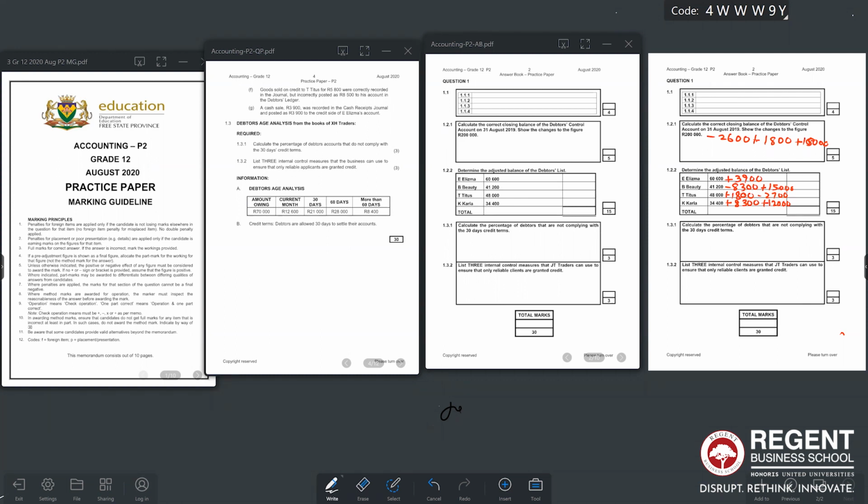You should have an answer of 214,200. Now, when you extend the figures in each one's account, you should get here 64,000.